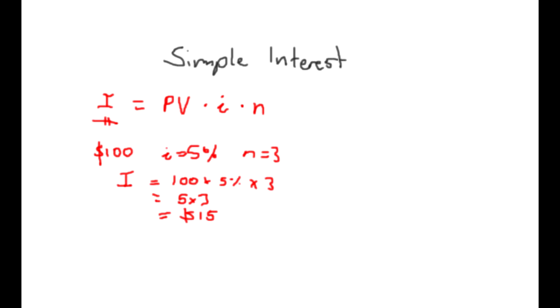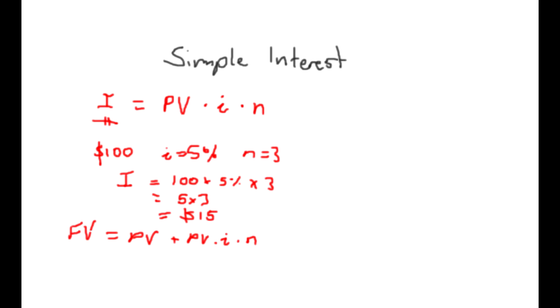To calculate the future value at that time, we actually have to take the present value and add on our interest received, which will be the present value multiplied by the interest rate multiplied by n number of periods.